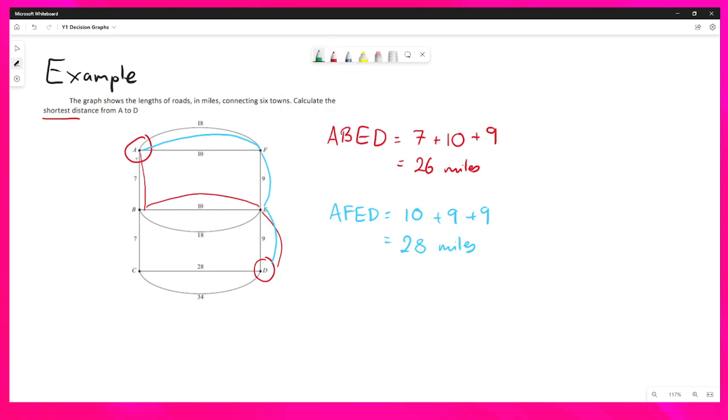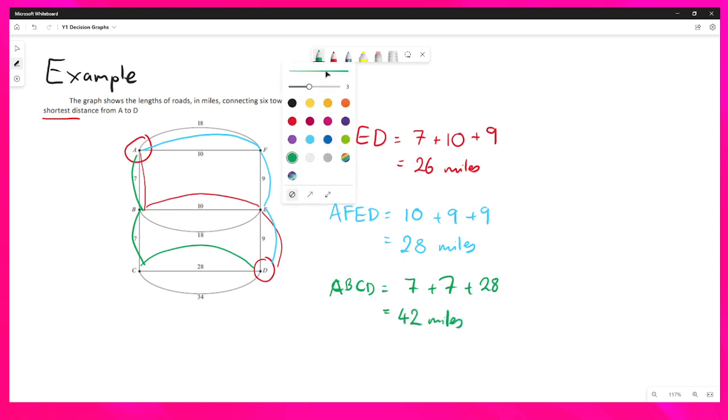We could go A to B, B to C, and then C to D, for instance. Which is 7 plus 7, and then plus 28, which gives us 42 miles. Now, obviously, in this context, in this model, this is the shortest route.